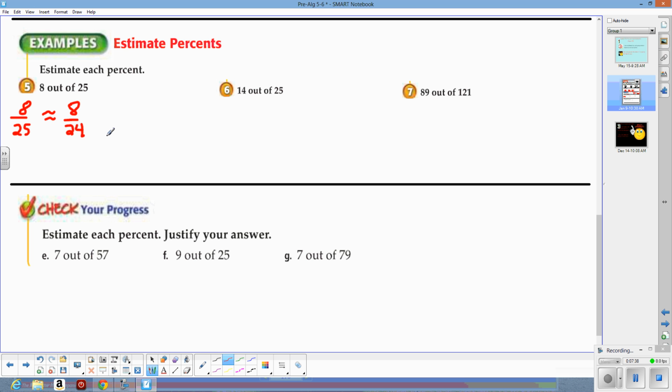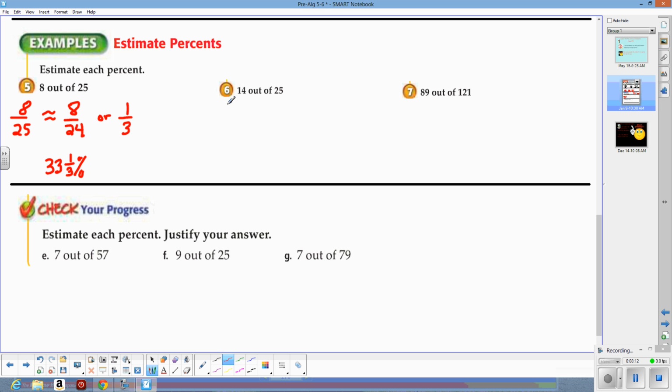And 8 out of 24, when you simplify that, that's going to be 1/3, because if you divide the numerator and denominator by 8, you get 1/3. And 1/3 is one of those common percent and fraction equivalents you should know. 1/3 is 33 and 1/3%, or 33.3 repeating percent. So the answer to number 5 is about 33 1/3%.